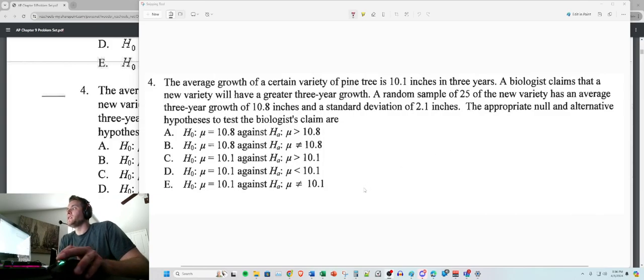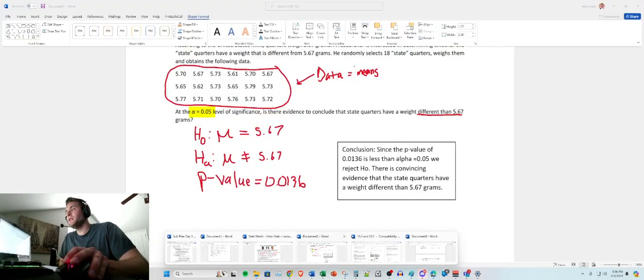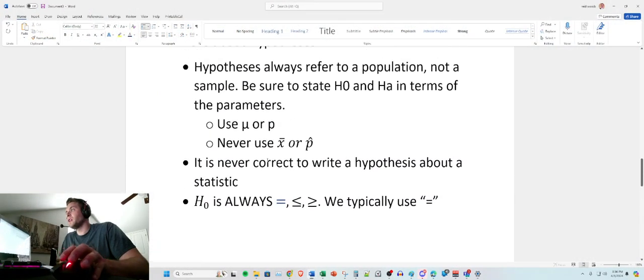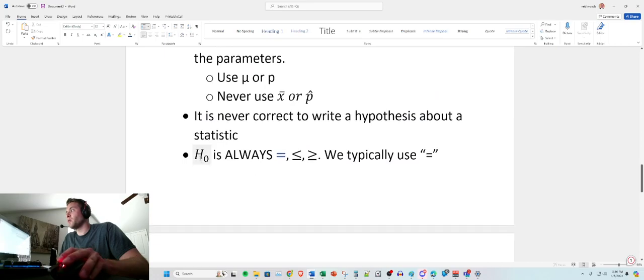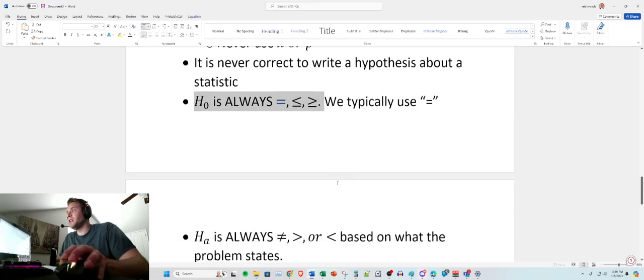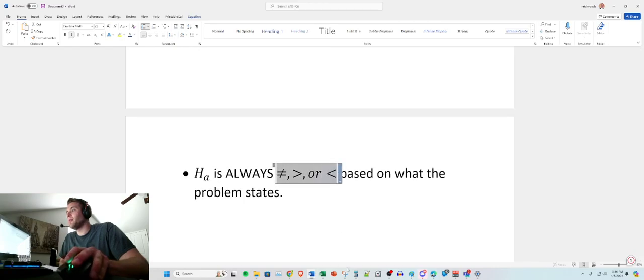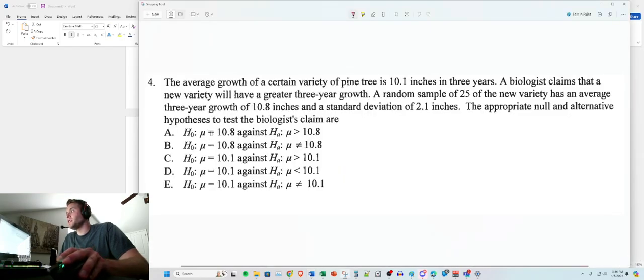Okay. So at first glance, the first thing you should be looking for with this is, are these symbols in order? Is the null hypothesis one of those 3 symbols? If it were any of these, that would be a problem. As we look at this, this is good. All of these have equal signs. And then over here, we want to make sure that none of these are equal signs. So it looks like all the symbols are good.